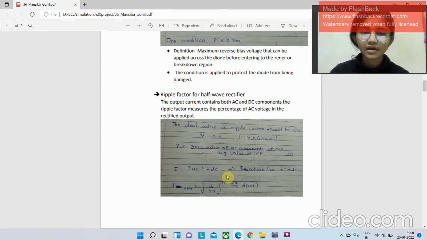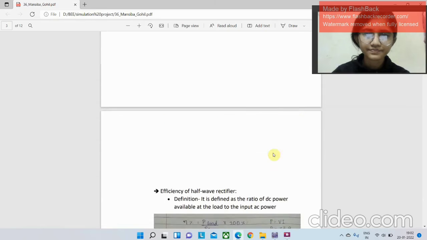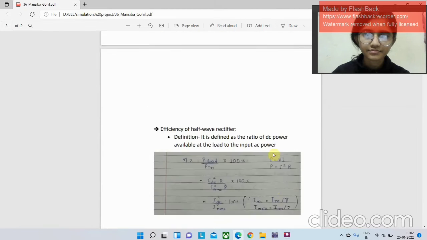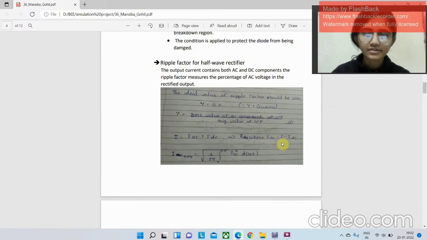and we can find gamma by taking the ratio of the RMS value of the AC components present in the output and dividing it by the average value of the output. Now, as I have shown, I will be equal to IAC plus IDC, and IAC, as we can see in the circuit, will be equal to I minus IDC.